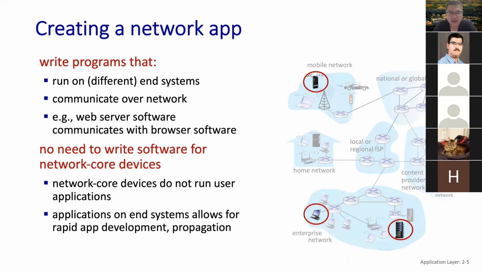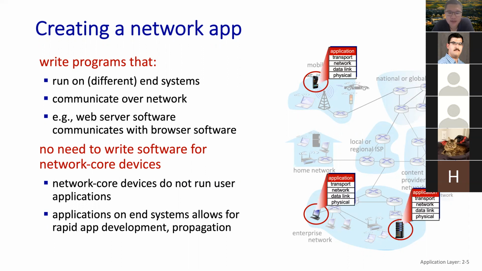So you can see here, this is the end system we are trying to target or program our network applications at, right? So here are the mobile networks, enterprise network, and different end systems here. So you can see the different end systems will have different applications. The different applications will communicate with each other, right?